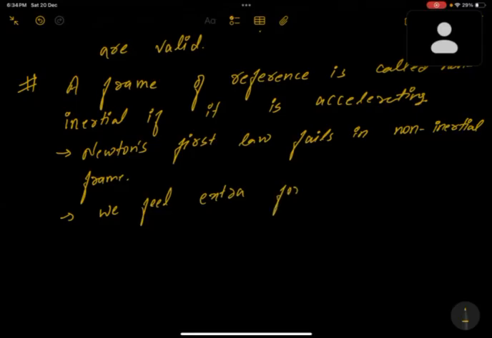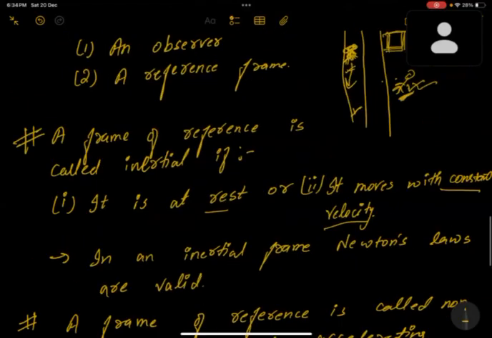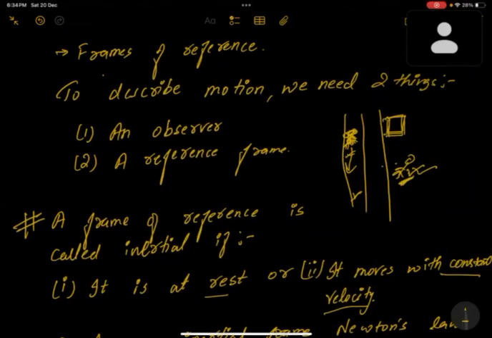As you can see here, actually, this object is at rest. The person on the platform sees the object at rest, but the person in the train sees it as if it is going behind. And since this person sees it as moving, he might think that there is some force. If we see motion, there will be some force. That's why there is accelerated motion.